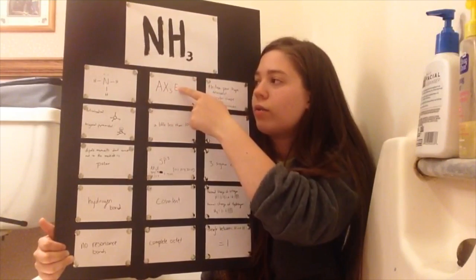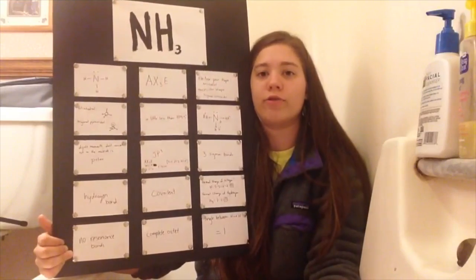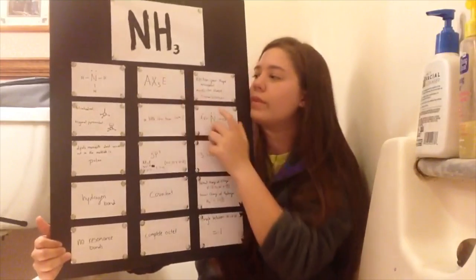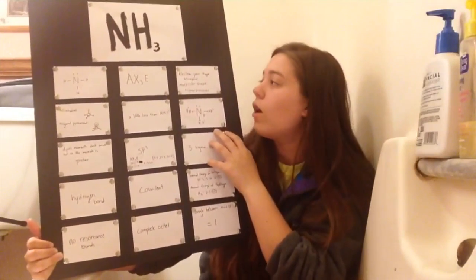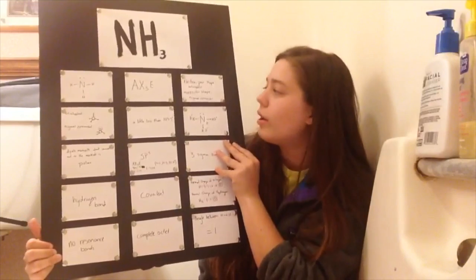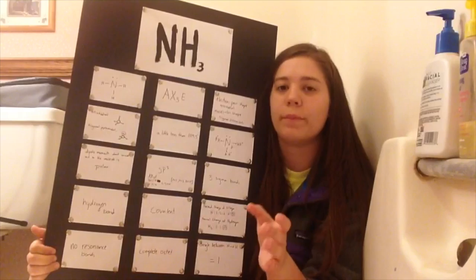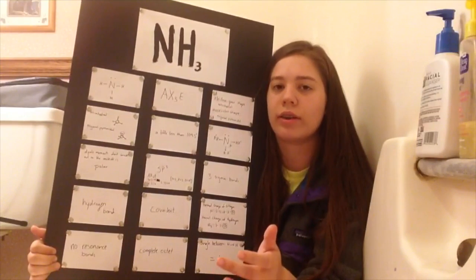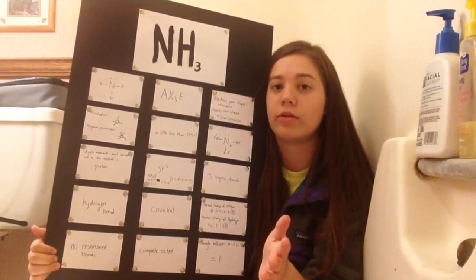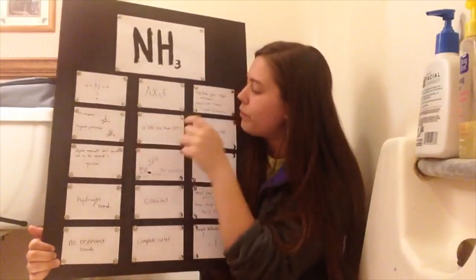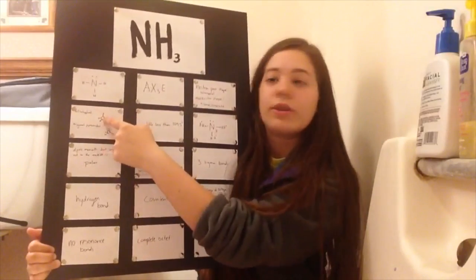And E is for the number of lone pairs, and there's only one of those, so that's E. The electron pair shape is tetrahedral because that takes into account the whole thing, bonding and non-bonding pairs. That looks like that, as shown by the drawing there.